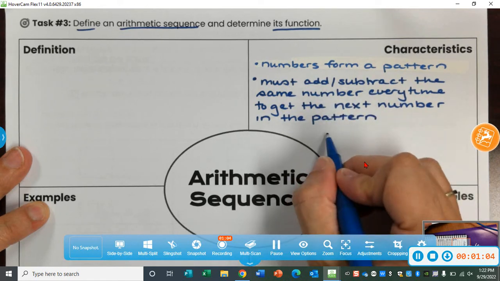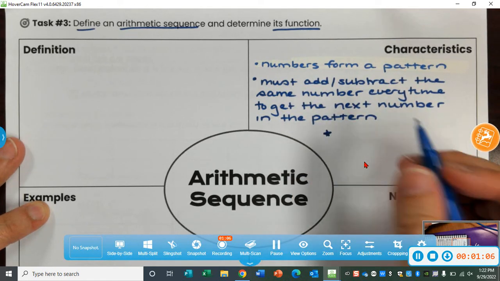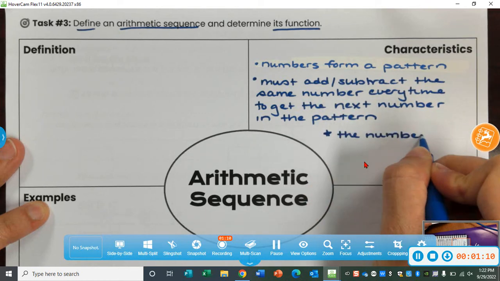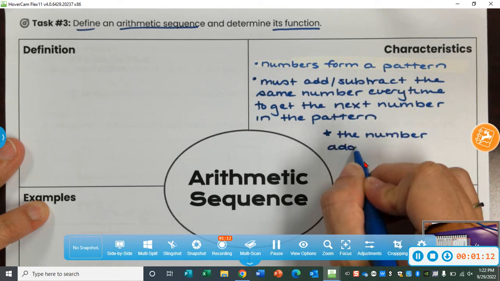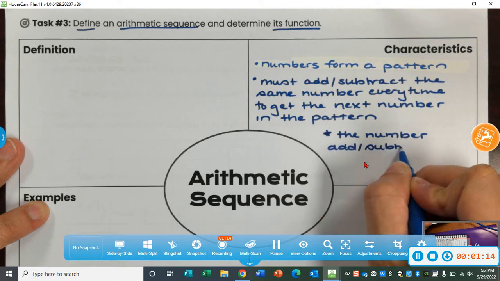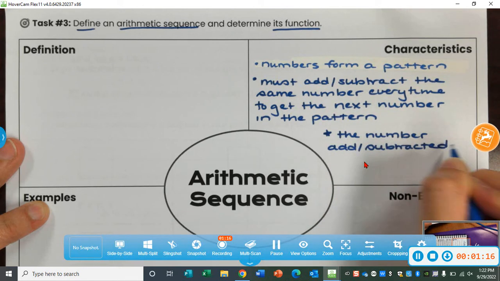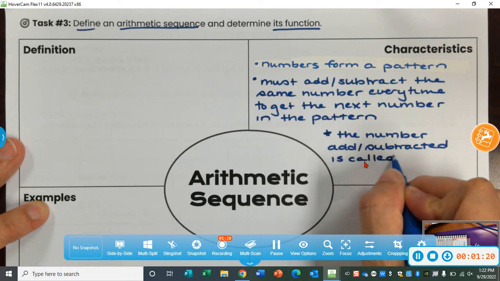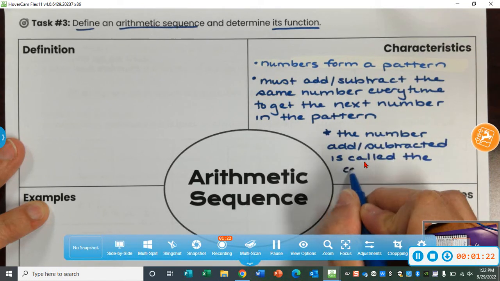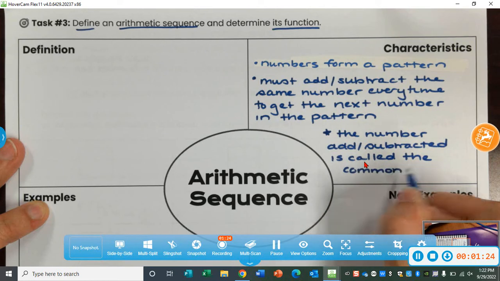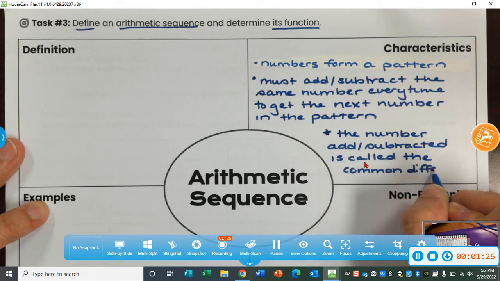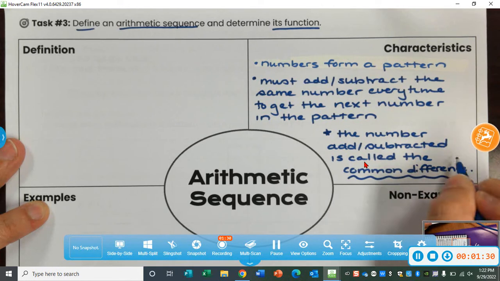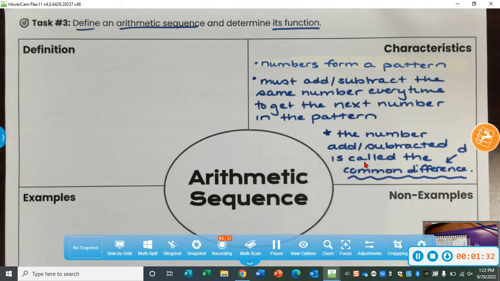And just as a side note, the number that is added or subtracted is called the common difference, which we use the letter D.